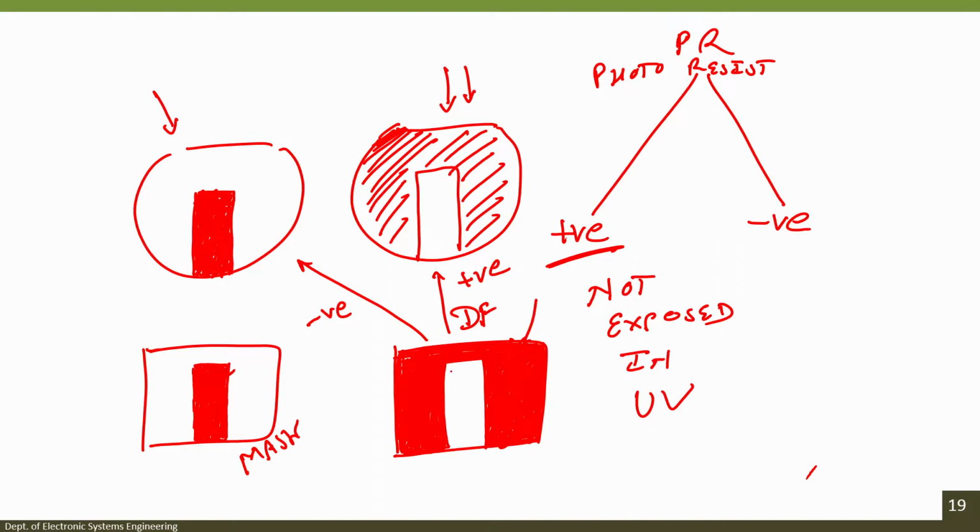So, that will become weaker. That is why what you find here is that all the area is stronger except the area in the center, because it is exposed.